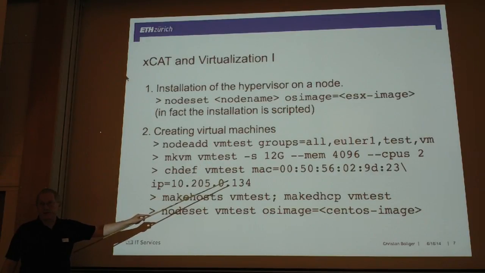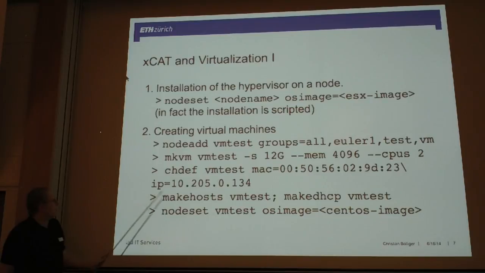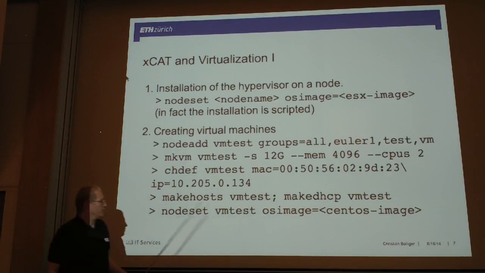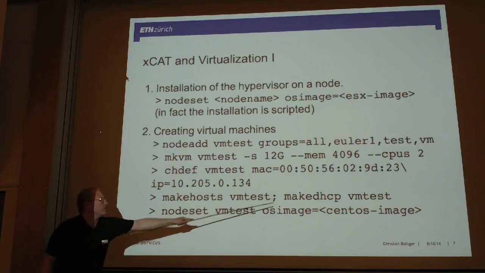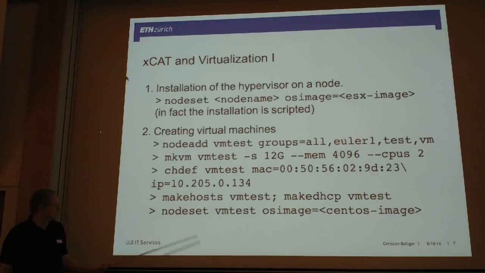But then you have to do the bookkeeping yourself so that you don't have conflicts with your MAC addresses. And in that case, I want to have a specific IP address. Otherwise, I can leave that to the DHCP address. Then I have to make the host file, make the DHCP, two different commands just for space reasons on one line.